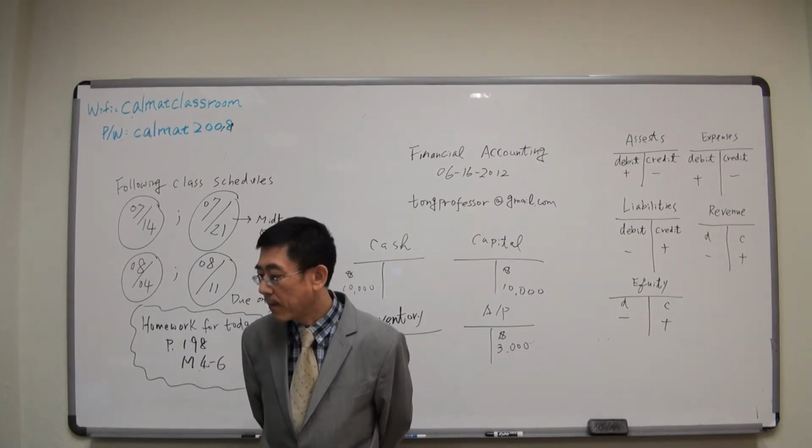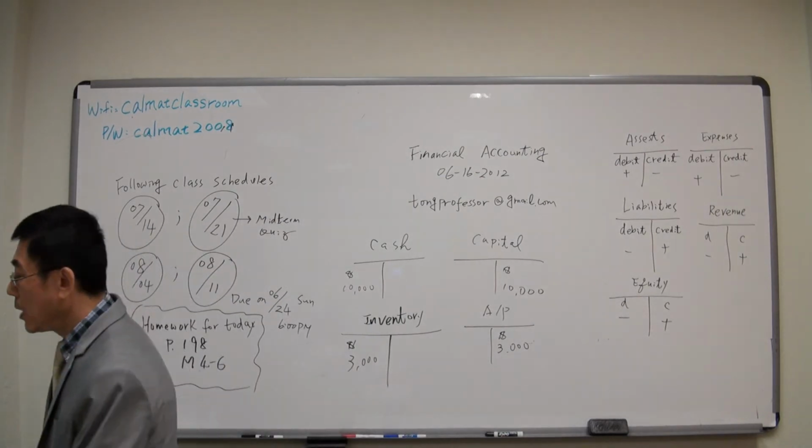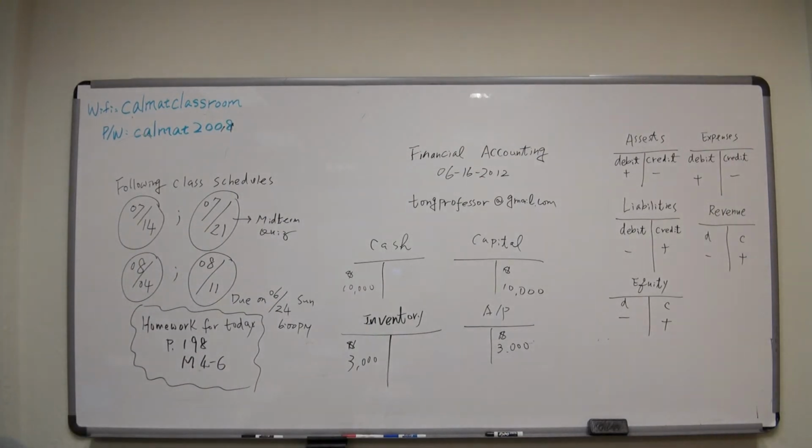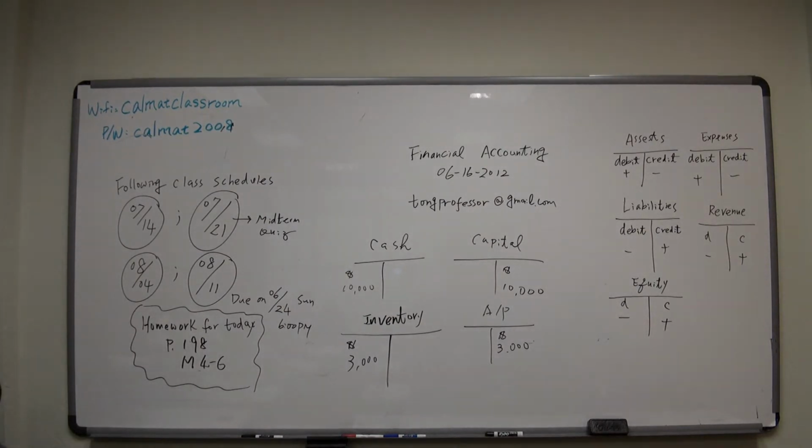Credit the cash. Which account do you want to pick? You have a cash payment, so you want to pick cash for sure. How about the other account? Account payable. Account payable, right? Account payable because you use cash to pay off your liability. So there's no problem, right?